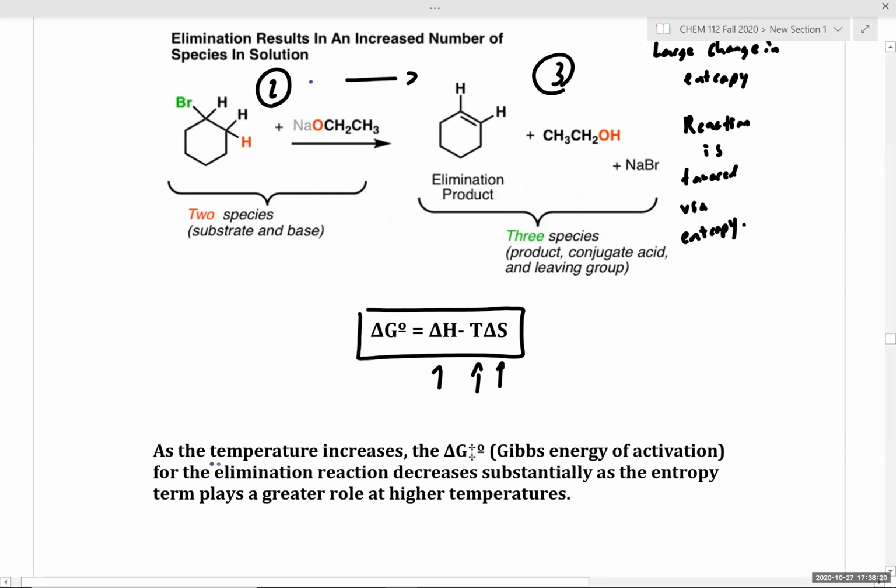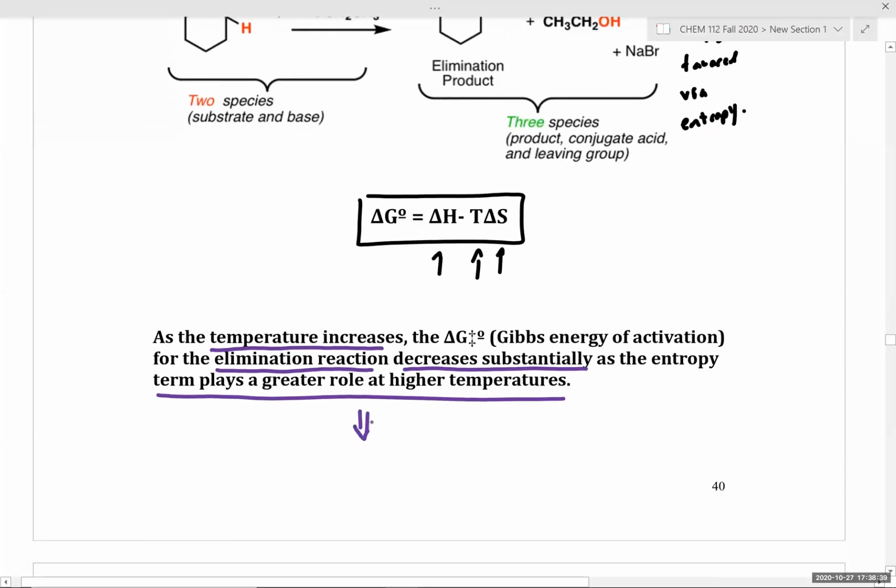So as the temperature increases, the elimination reaction Gibbs energy decreases substantially as the entropy term plays a greater role. What this means practically is that at higher temperatures, elimination becomes more favorable.